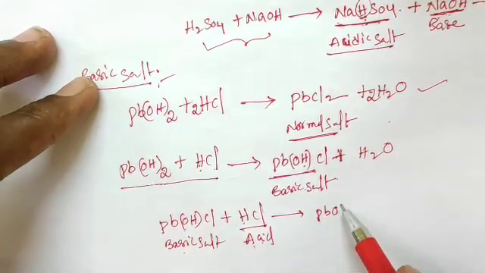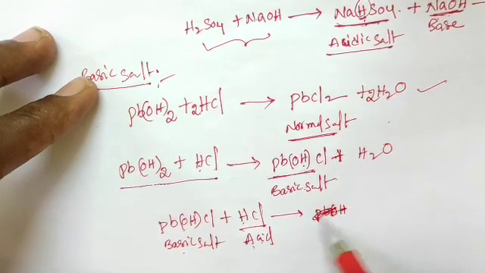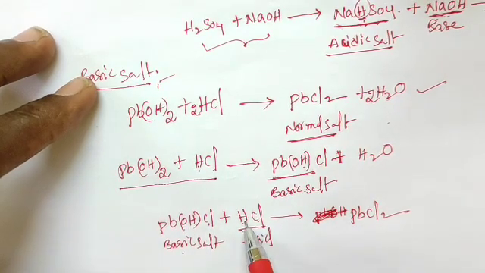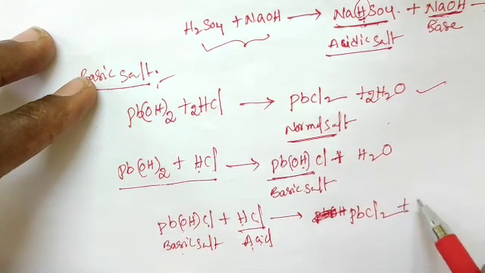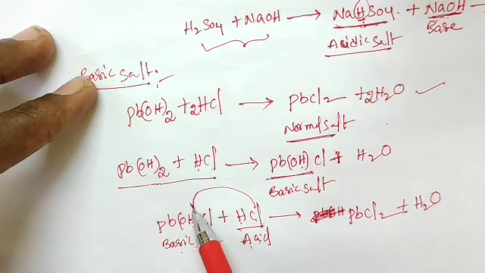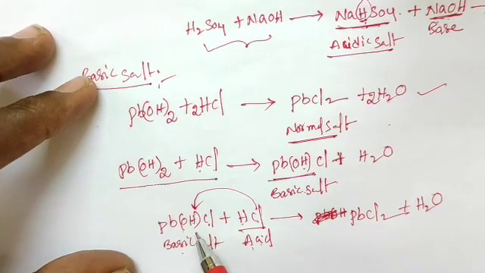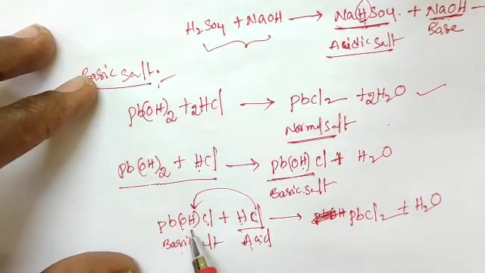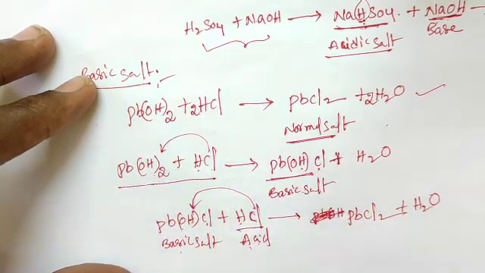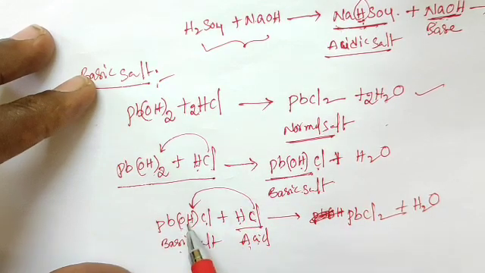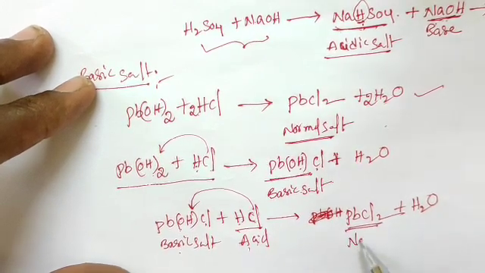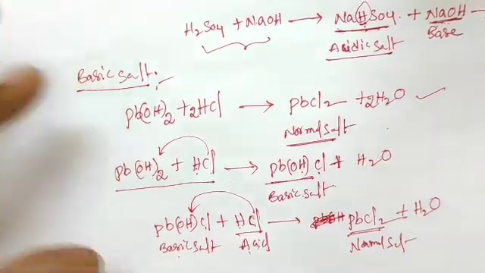Now PbCl2 will come: one Cl is attached here, and the hydrogen and oxygen form H2O. The hydroxide ion is replaced by chlorine, and now PbCl2 comes. Now this is a normal salt. Understood?